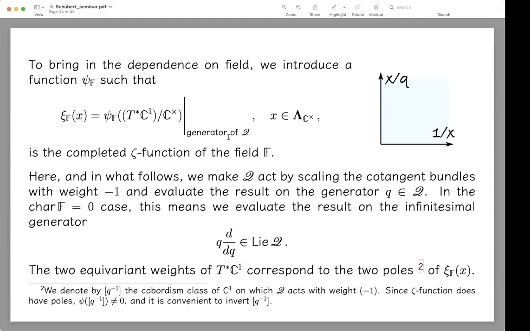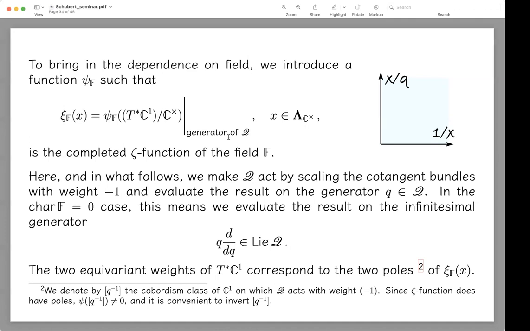So psi of s equals psi of 1 minus s. In particular, psi has a pole both at 1, where the zeta function has a pole, and at 0. So psi has 2 poles. So if we'd like to interpret psi as some equivariant genus, then it had better be a genus of something 2-dimensional.